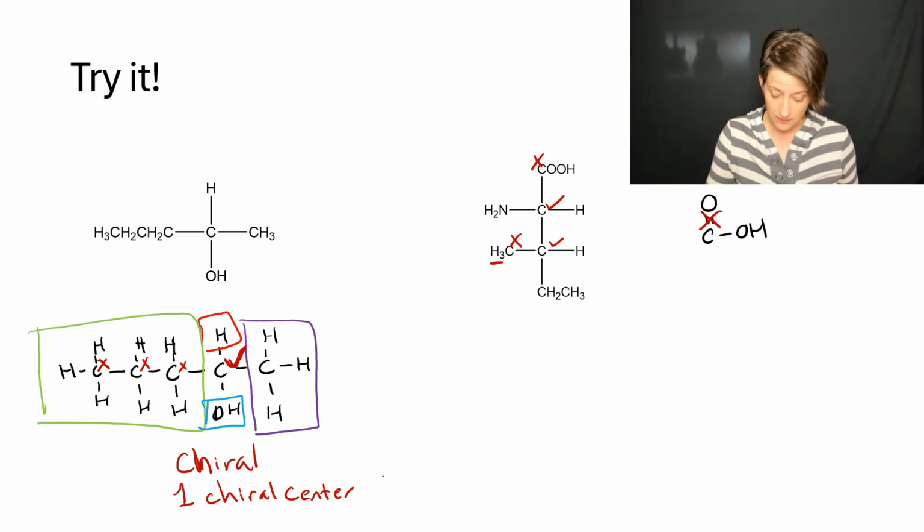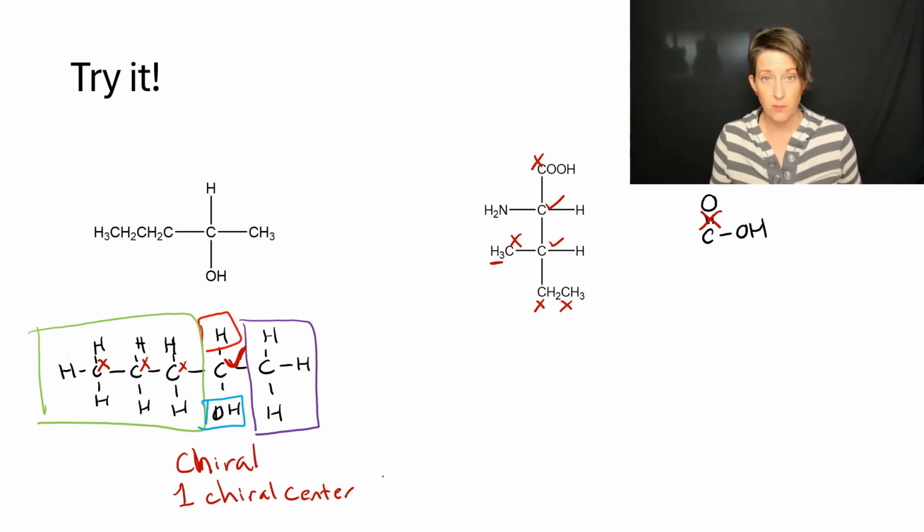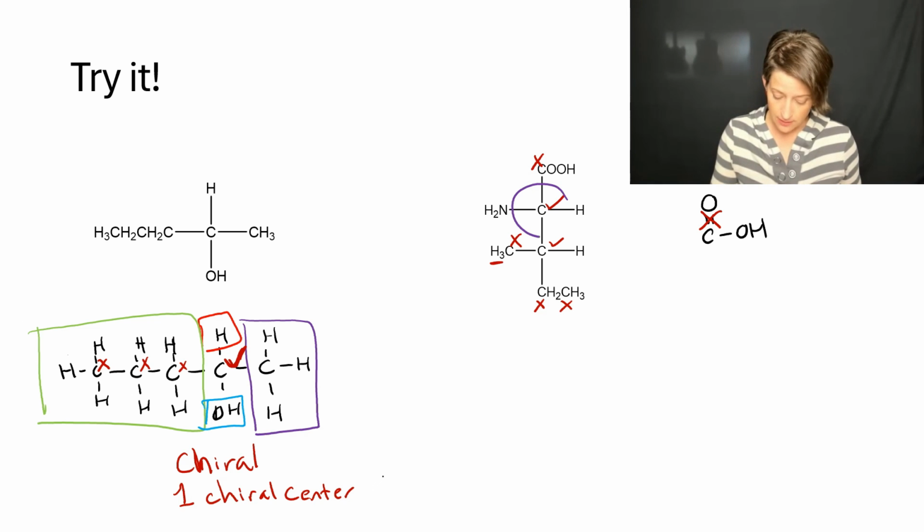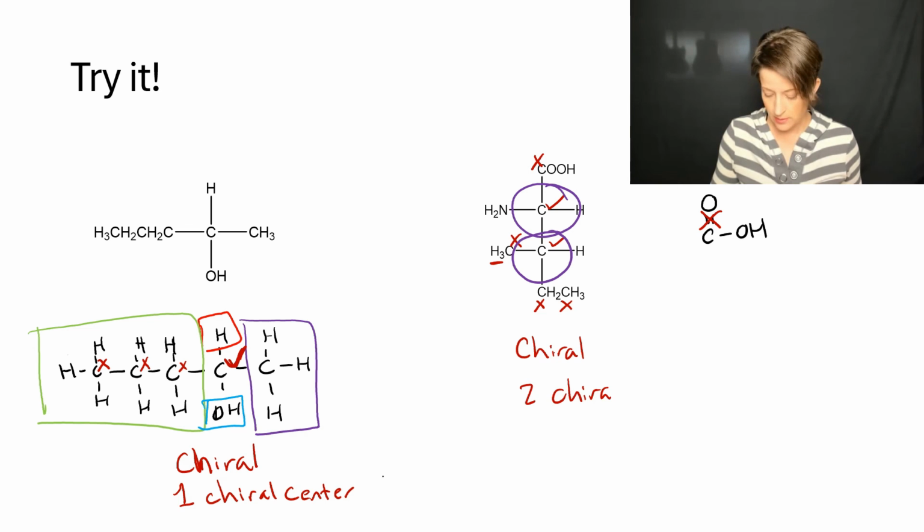Going down to carbon 4, it's not going to be chiral because there's 2 hydrogens, and carbon number 5 will not be chiral because it's got 3 hydrogens. Due to the presence of 2 chiral carbons, this is a chiral compound, and it's got 2 chiral centers.